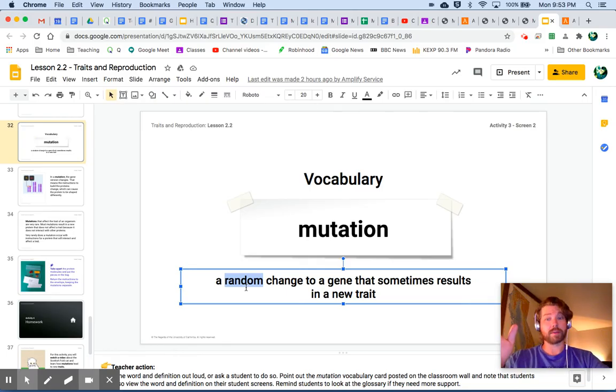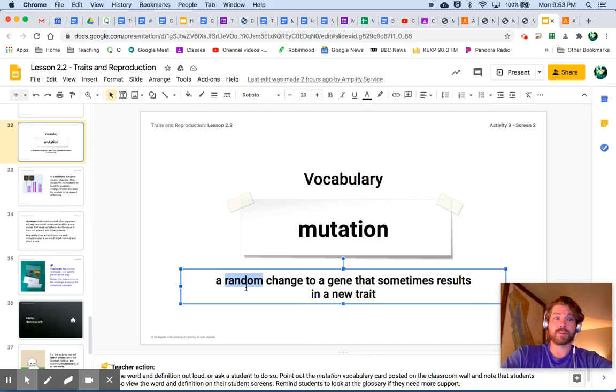Mutations are random, completely random. If someone ended up with gills, hey, great. It's not because you live in a water world. It's just because something got messed up in your genes. You may live in a desert and get gills, and it doesn't even work like that. I'm just saying. It's not based on a need that an organism has. It's random. Anyways, not to get into all of that, but it is random. Okay, that's all I'll say.